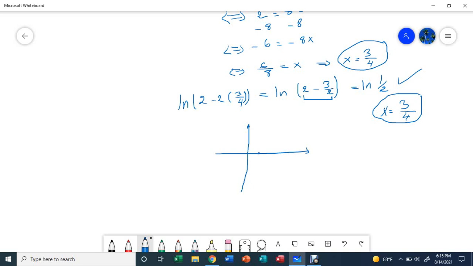Log of 1 is always 0, and the y-axis is a vertical asymptote. So the domain is always 0 to positive infinity. You have to make sure that any solution you find meets the requirements of the domain of the log involved in that equation.